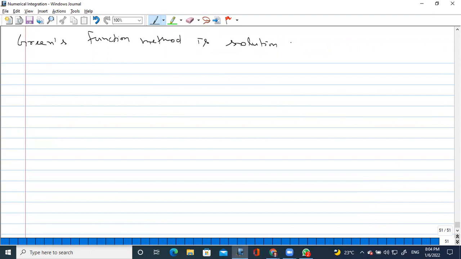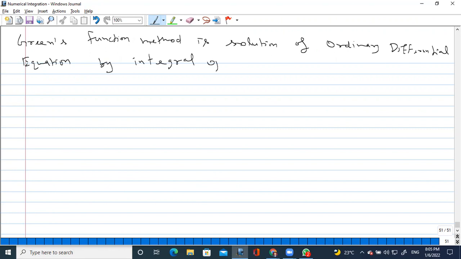So Green's function method is the solution of an ordinary differential equation by the integral operator method.